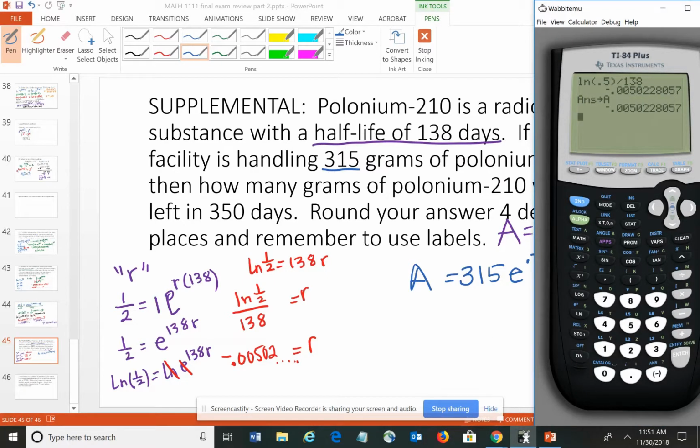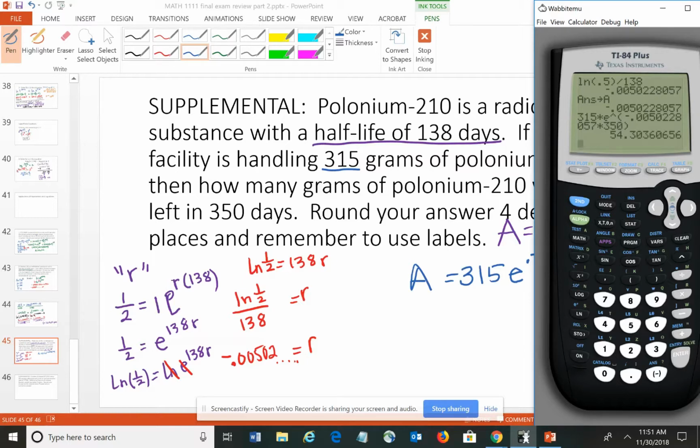So let's do that. We have 315 times, and to get e, it's the blue second button, and LN. And we want our rate, so we do recall it. We're going to second, store, I stored it in A, times the 350 days that they're going to hold it.